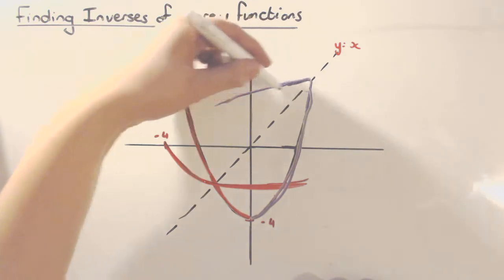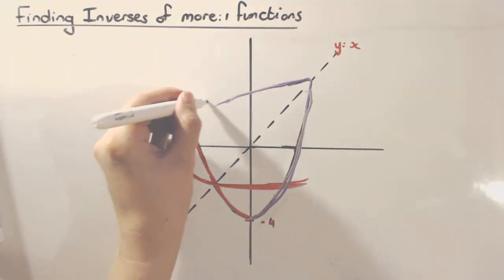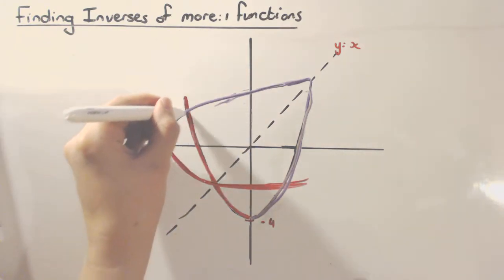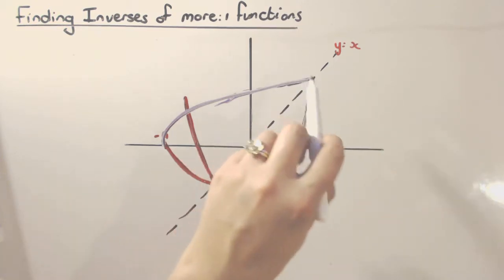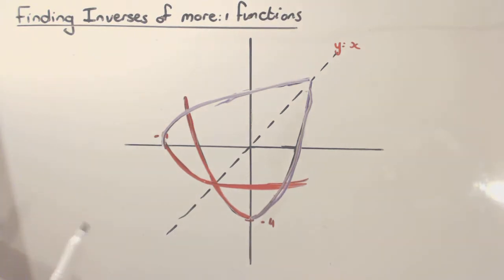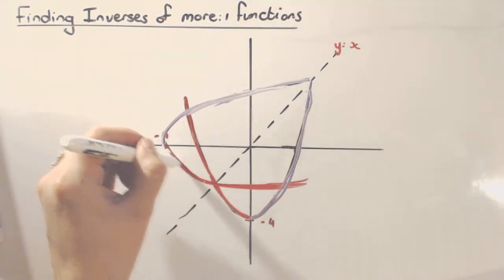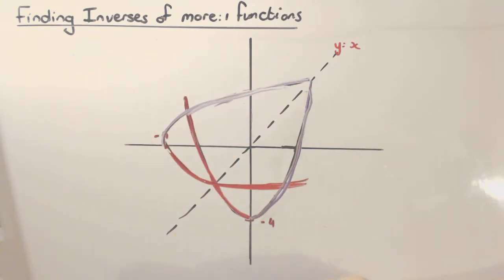If I reflect this here, it should go there, and I know it's part of a parabola, so it should then look like this, also through -4. You see this part of the parabola reflected in this line looks like that, which now, if I look at my new parabola, should lie around there, right?